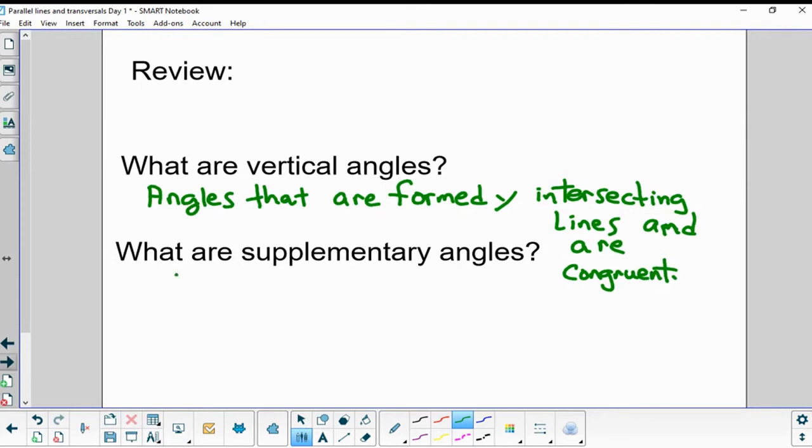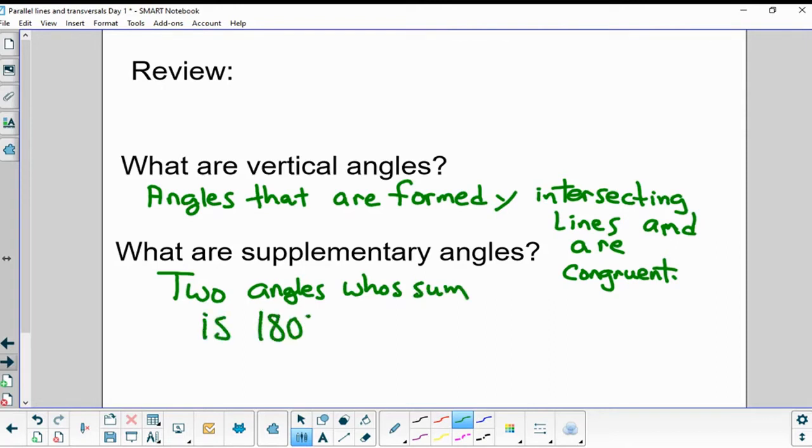Okay, what are supplementary angles? Well, supplementary angles are two angles that add up to 180 degrees. So their sum, when you add the two together, is 180 degrees.